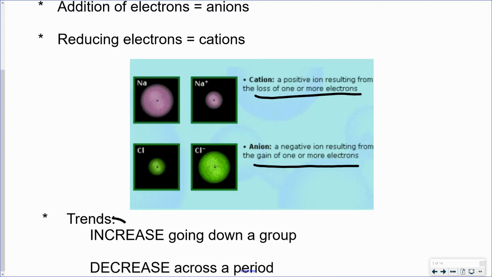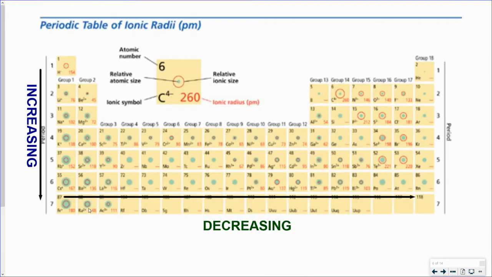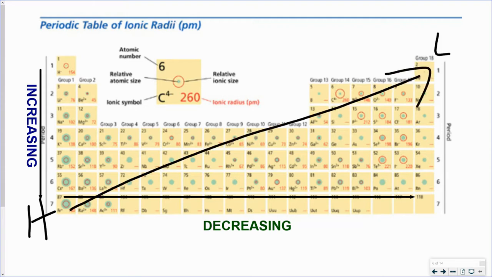Actually, it's the exact same as the atomic radii, and that's because it gains extra shells. It's the same reasoning, even though when we show this, our cations are mostly over here and our anions are over here. So this is the highest and this is the lowest.